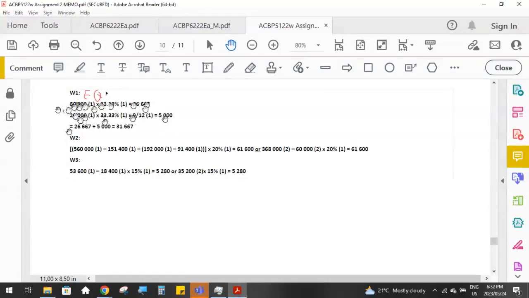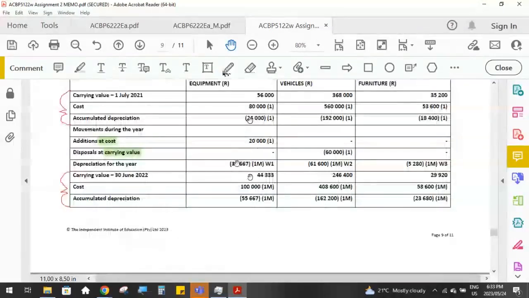So then we add together the depreciation value for the equipment that we had for the entire year plus the depreciation for the new equipment, and that gives us our total depreciation for the year, 31,667, which was the amount that we then entered minus depreciation under the equipment column.